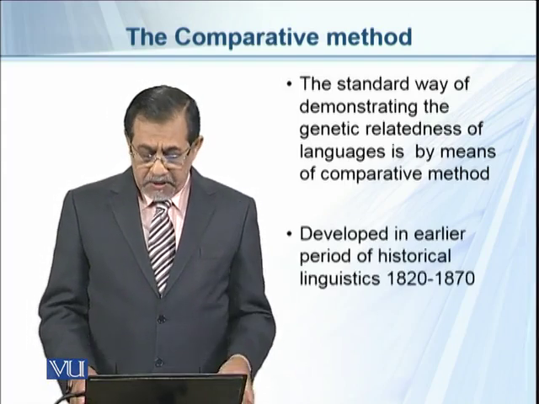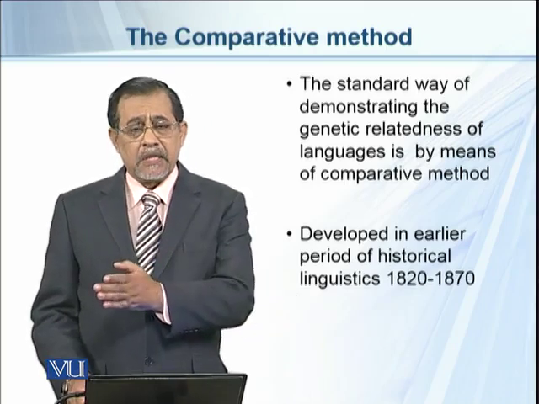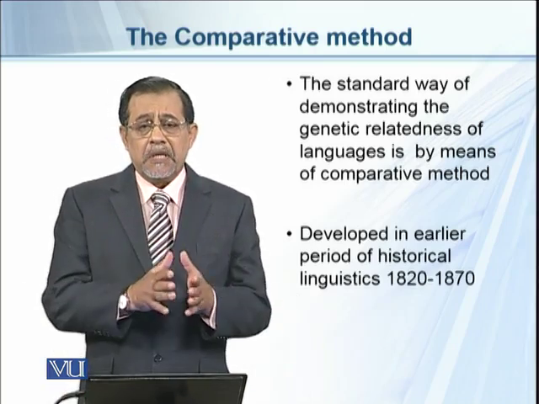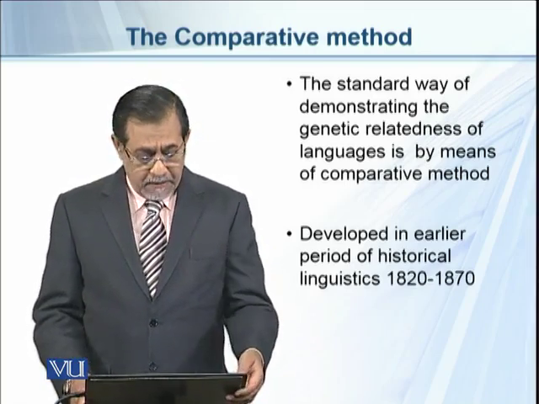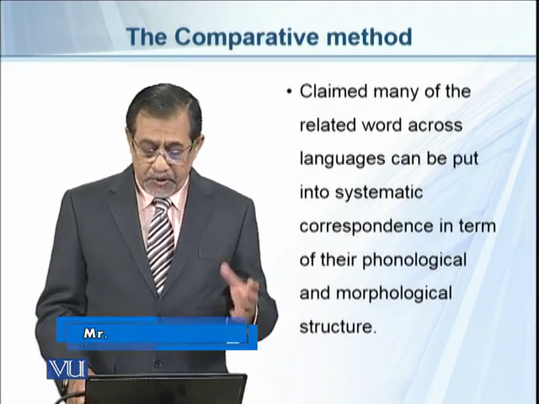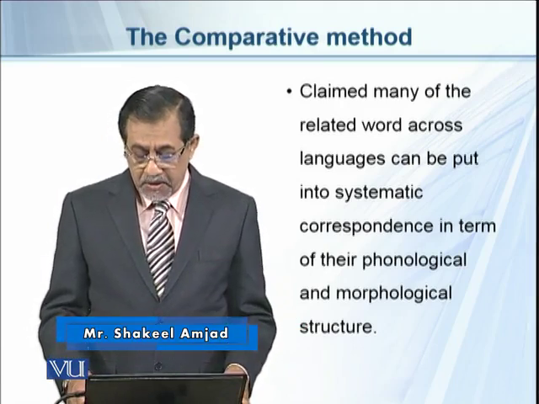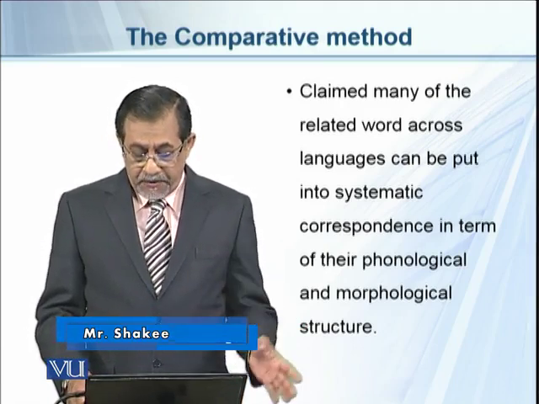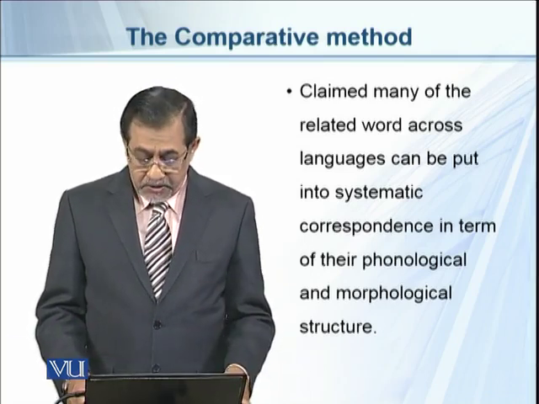It was developed earlier, in the period of 1820 to 1870, and this period is known as the classical period of linguistics. It was claimed that many of the related words across languages can be put into systematic correspondence in terms of their phonological and morphological structures.